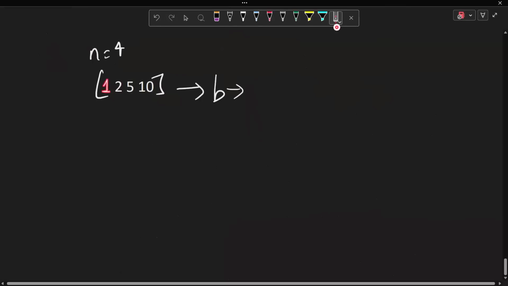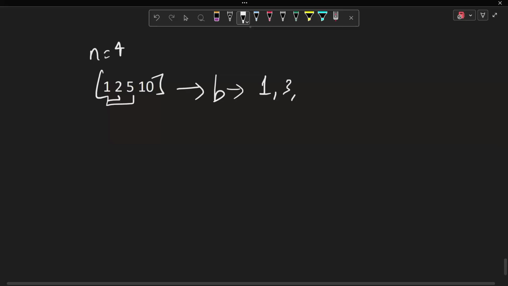First, when you start with 1, you have this 1, then 1 plus 2, then 1 plus 2 plus 5. Basically the prefix sum. If you constitute the prefix array of that, then you would have 1, 1 plus 2, 1 plus 5, 1 plus 10. So initially you have this prefix array.